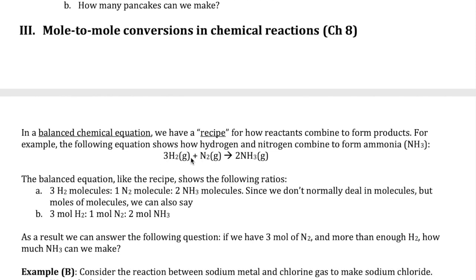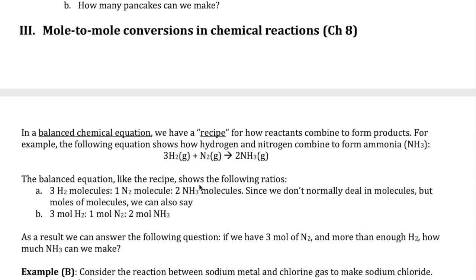In a chemical equation, the relationship between hydrogen and nitrogen here is in moles. So in the equation that we have here, it means that if we have 3 moles of hydrogen, it will produce 2 moles of NH3, assuming there's enough nitrogen available.